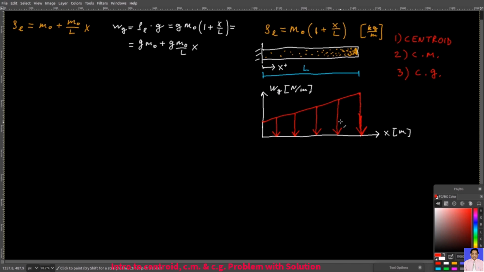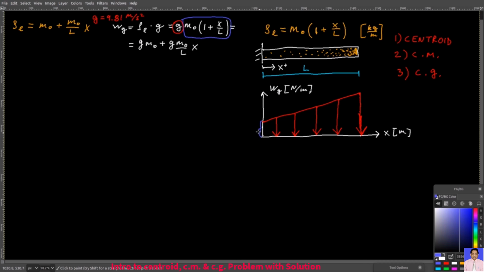Now it has arrows because it has a direction. It's a force distribution per unit length. You can see that since rho L varies with x, also your Wg varies with x. It makes sense because all you're doing is multiplying your rho L by your gravity acceleration, which you know is 9.81 meters per second squared.